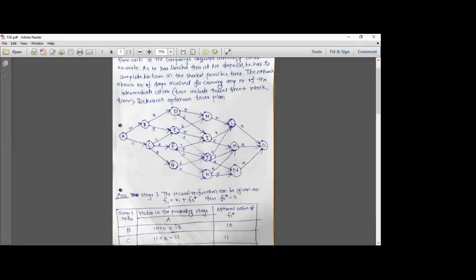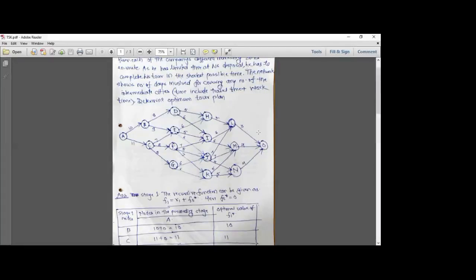So if I take node D into consideration, I should go DHLO. So at D the value is 18. So 18 plus 5 is 23. 23 plus 5 is 28. 28 plus 3 is 31. So DHLO gives me the value 31.